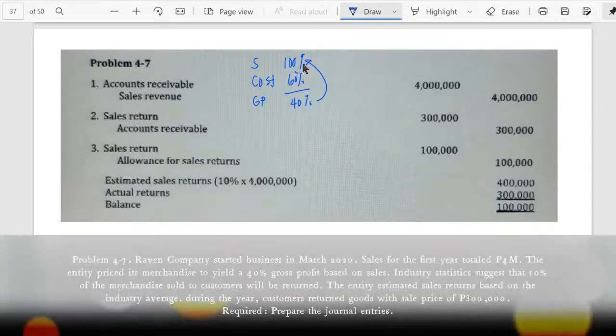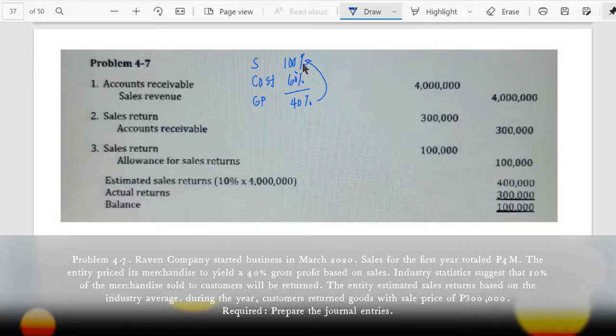So first is we'll record the sales. So the sales would be debit accounts receivable, credit sales revenue, or you can just simply credit sales. So that's 4 million. And then to record the returns, the actual returns is 300,000. So debit sales return and credit accounts receivable, 300,000.